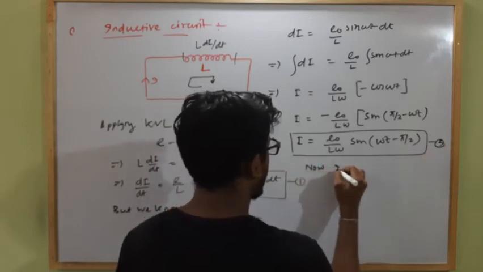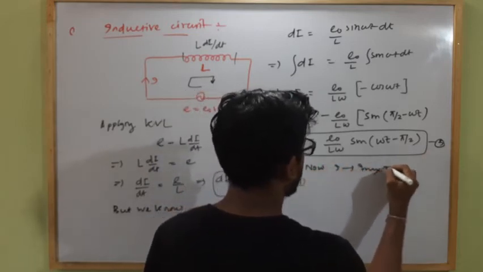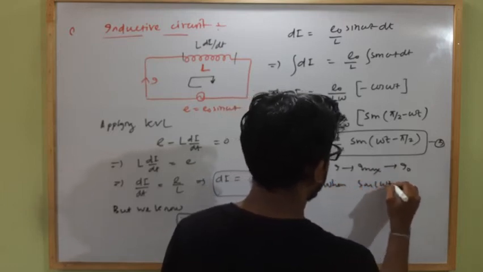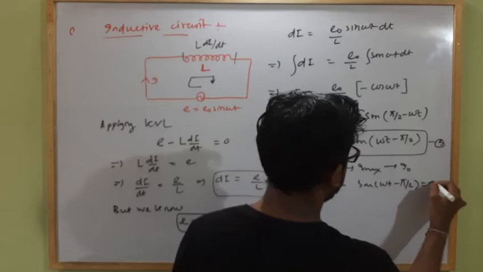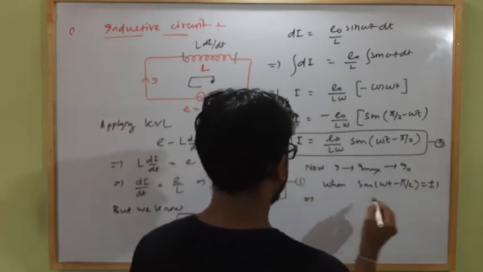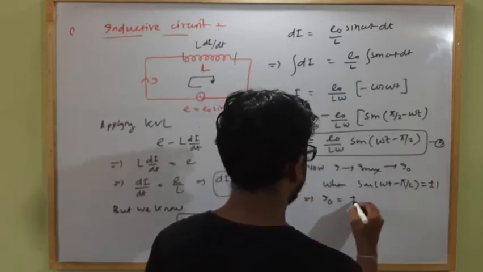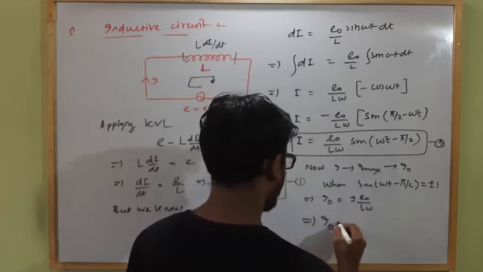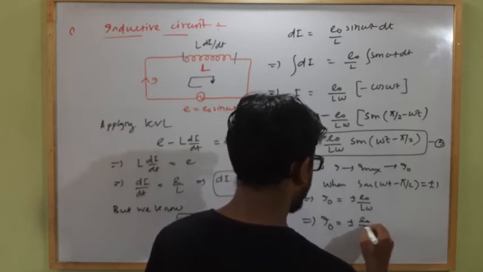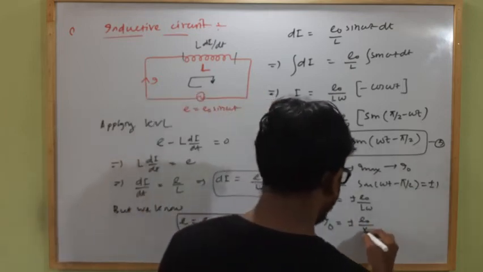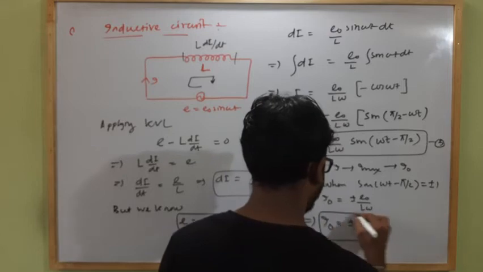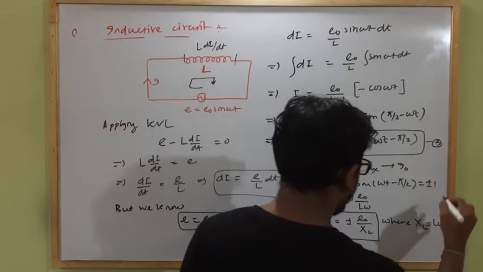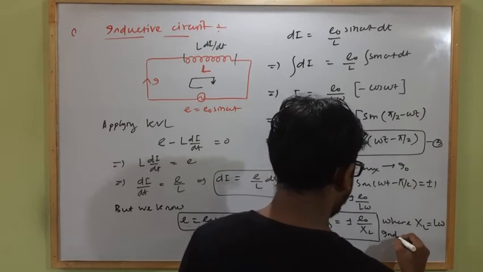Now I tends to I max, or this is I naught, when sin of omega t minus pi by 2 equals plus or minus 1. So this implies I naught equals plus or minus E naught by L omega, or you can write I naught equal to plus or minus E naught by XL, where XL equals L omega.